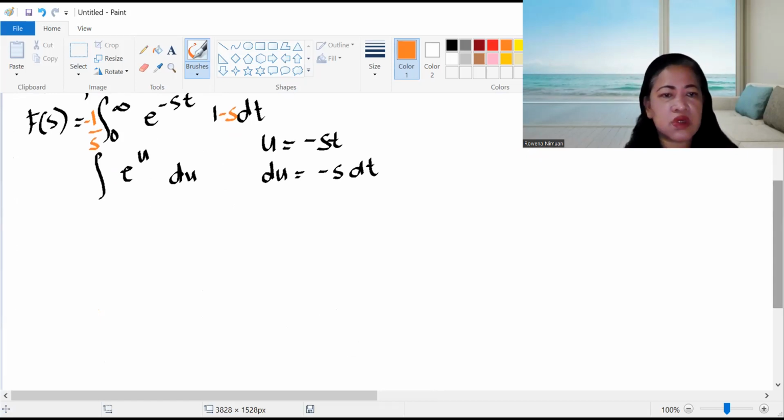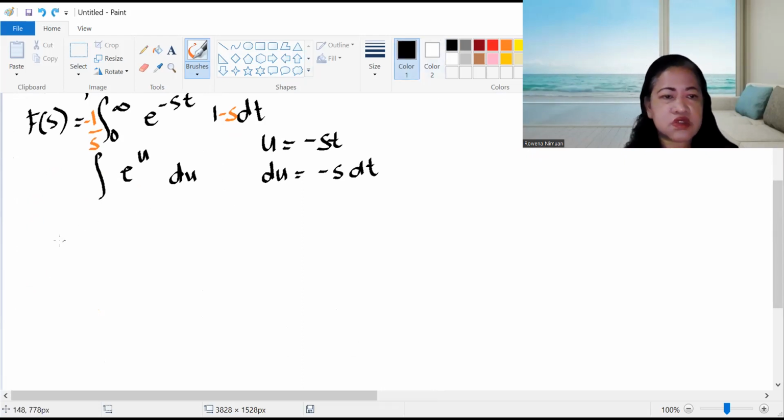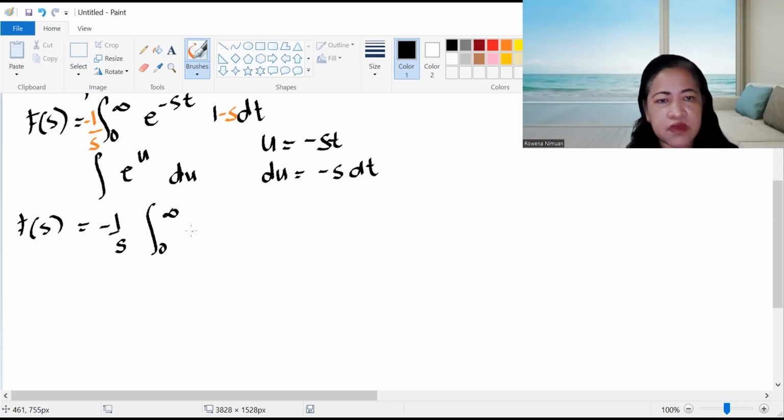Since I have now the function of s equivalent to negative 1 over s, integral from 0 to infinity, e to the negative st, negative s dt, that completes your integration procedure.